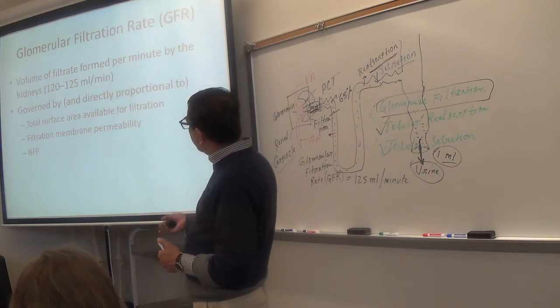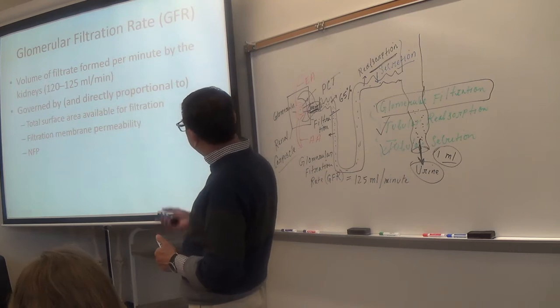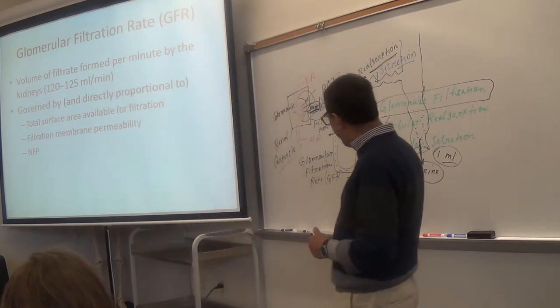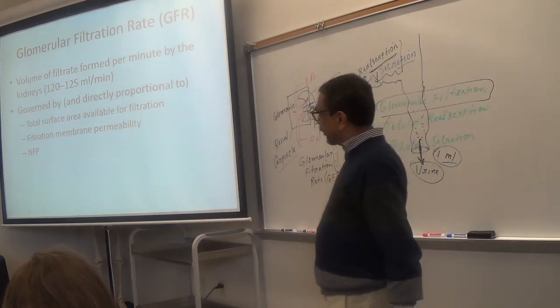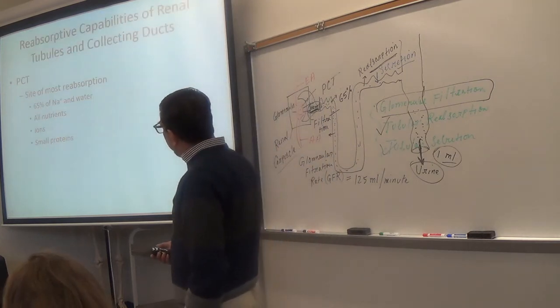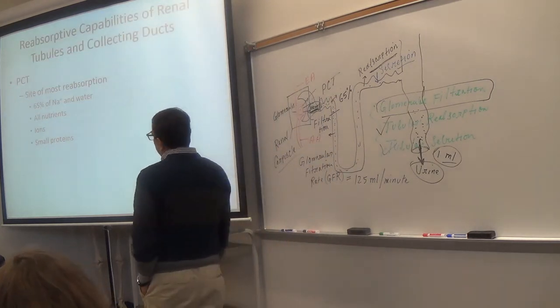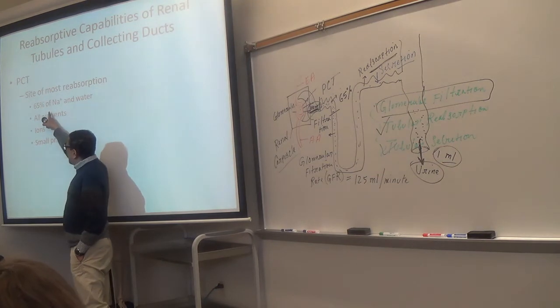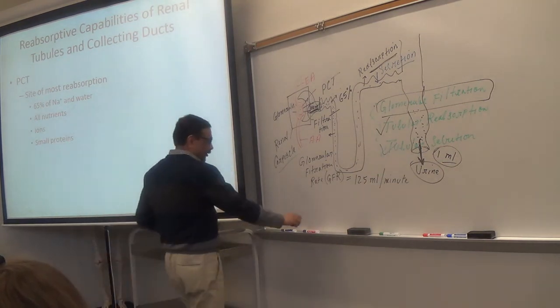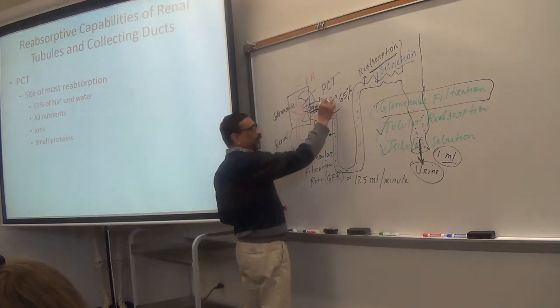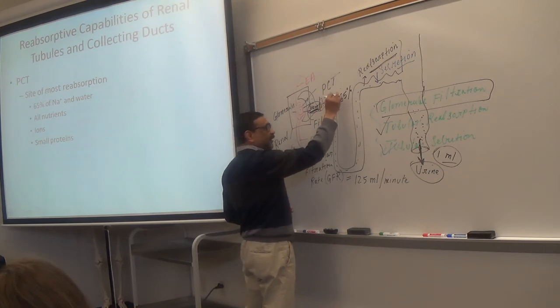The glomerular filtration rate is, I said 125, so it's 120 to 125. In the proximal convoluted tubule, about 65% of water and other chemicals, that means everything, gets back into the body.